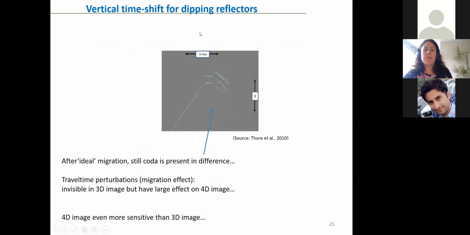I mentioned before this issue of dipping reflectors, and I want to bring up this other study by Thor et al. 2010. So I mentioned Cox and Hatchell said, if you have dipping geology and you migrate your volumes with V baseline, you're going to have apparent shifts. And that's bad because that will affect your vertical shifts, and that gives you a bad estimate for velocity.